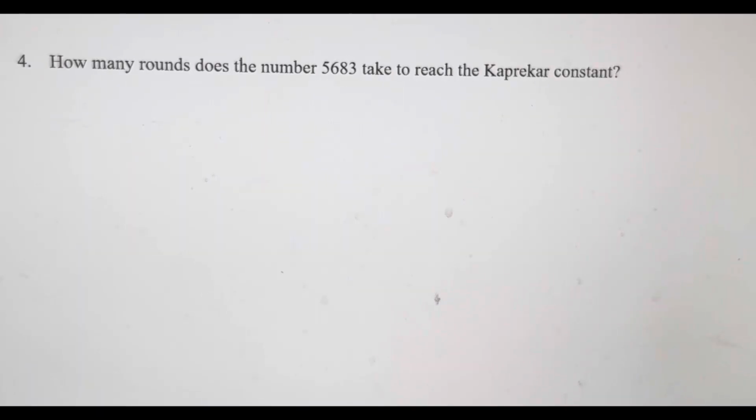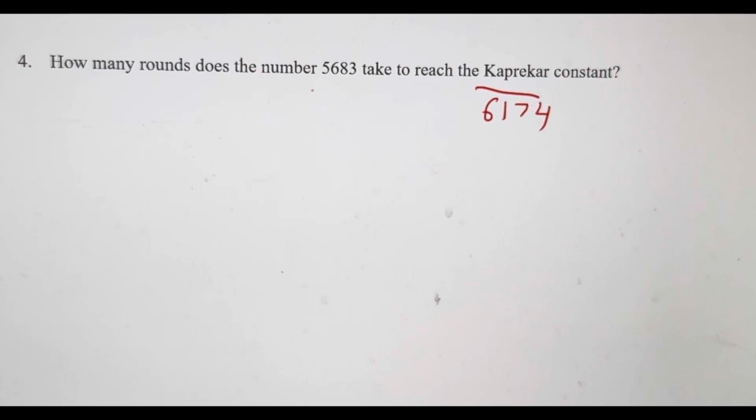Question number 4. How many rounds does the number 5683 take to reach the Kaprekar constant? You remember the Kaprekar constant, what was the number? 6174. If you remember the steps, let us do the steps and find out how many rounds it will take.